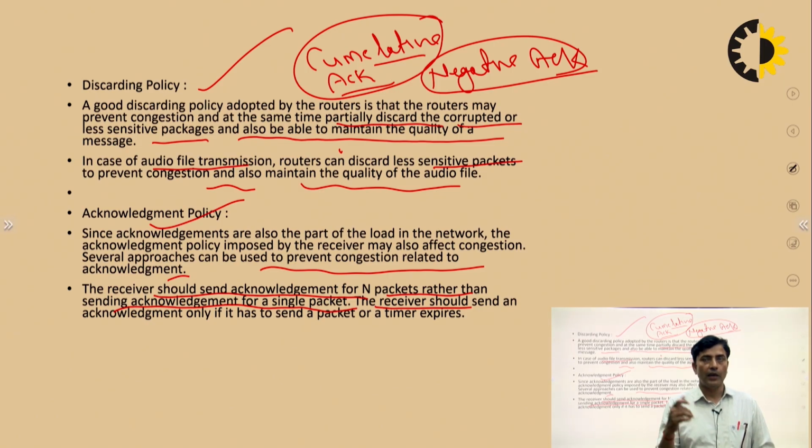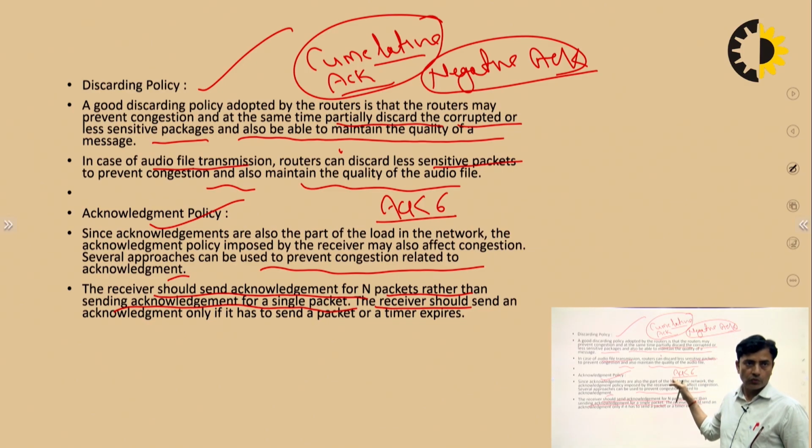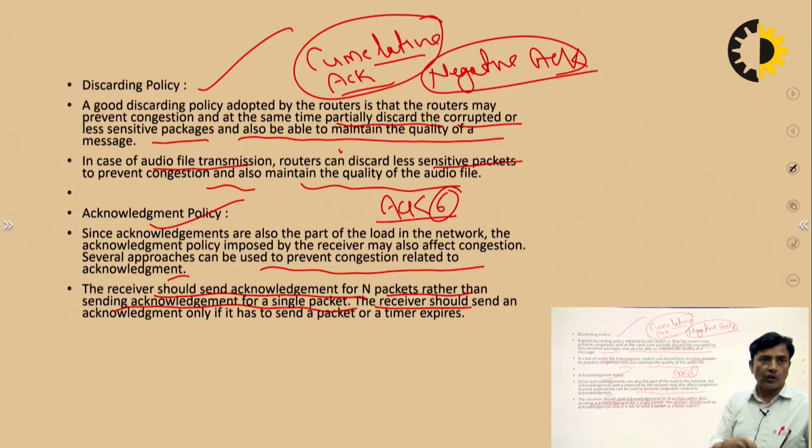That means when the receiver sends acknowledgement 6, all the packets preceding 6, that is 1, 2, 3, 4, 5, are received, and the receiver expects packet number 6 from the sender. So this is the cumulative acknowledgement. A group of n packets is acknowledged.